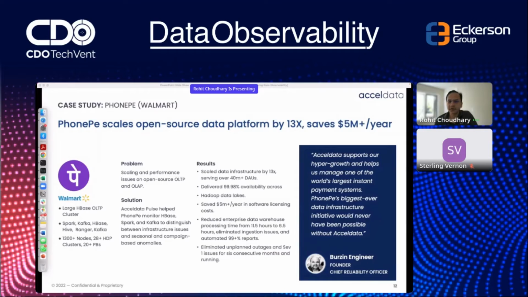The key thing they were trying to solve was scaling their OLTP, OLAP, and streaming systems. It was very difficult for them to scale. When we started working with them, it was pretty difficult for them to get operational insights and visibility into the systems they were running.